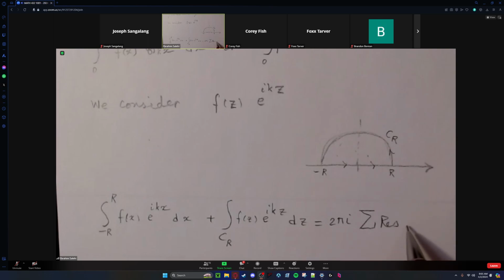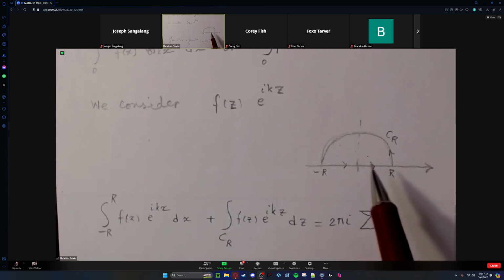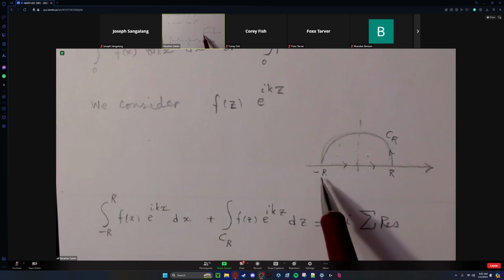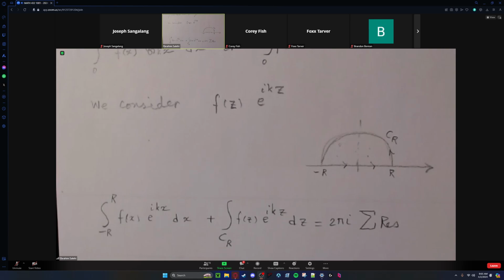As before, okay? I'm just putting 2 pi i, sum of the residues, but we know that the residues of the poles that are in here, and we make R big enough to include all the residues in the upper half plane, okay? All the residues in the upper half plane. Good.